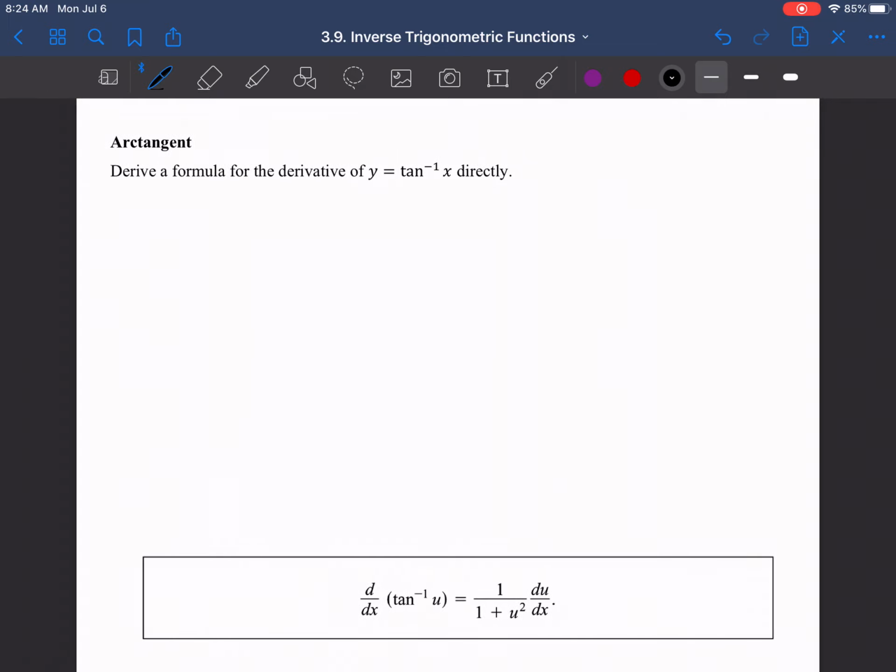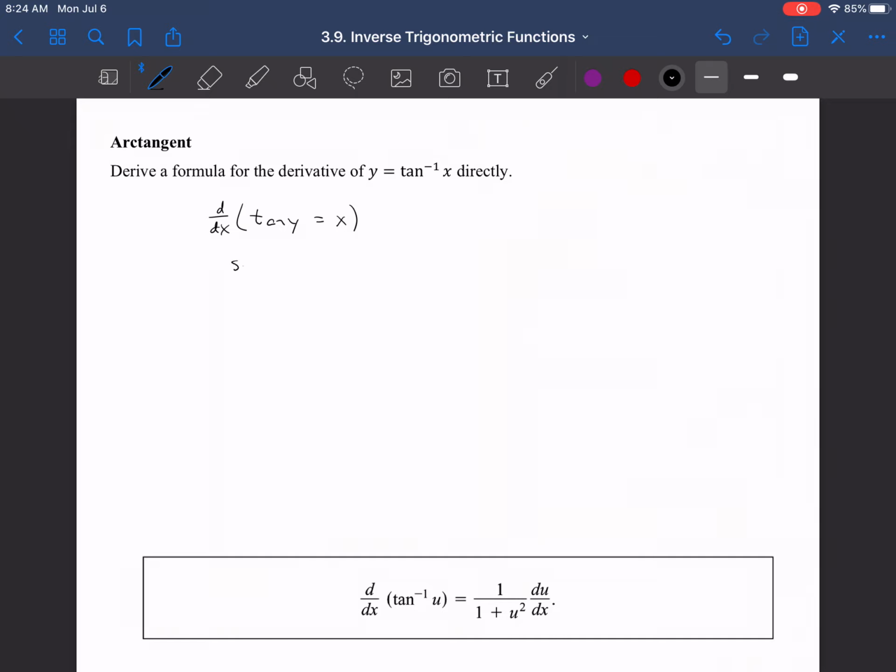So let's take a look at arctangent. So here we want to derive a formula to find the derivative of arctangent directly. So if we do this, I'm going to take the tangent of both sides, and that'll undo that arctangent. And since y equals the arctangent of x, that means tangent of y equals x. So I'm going to do the derivative of that, kind of like we did before.